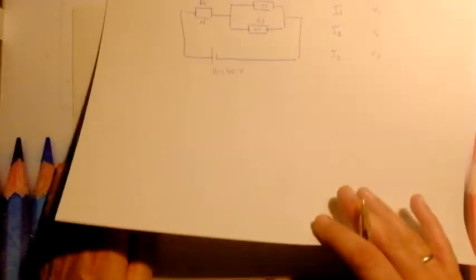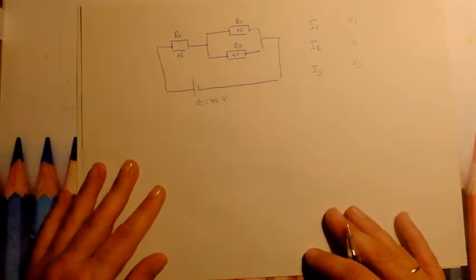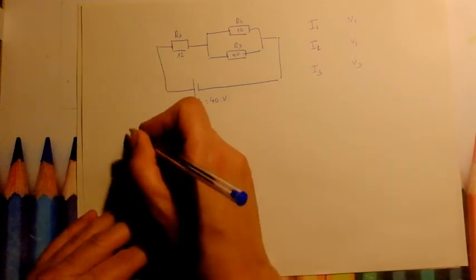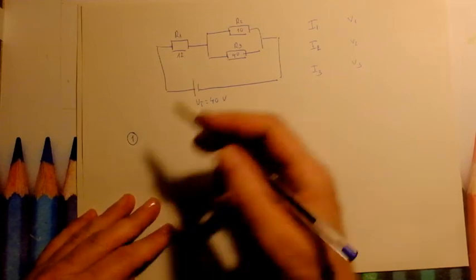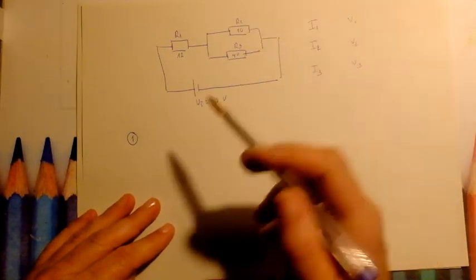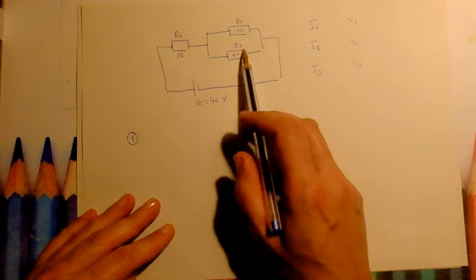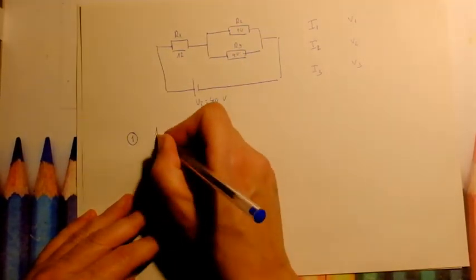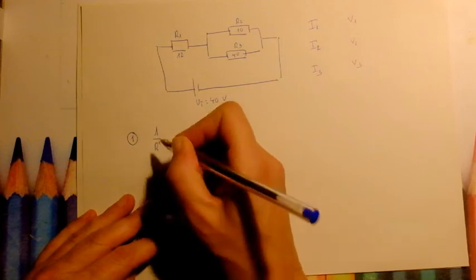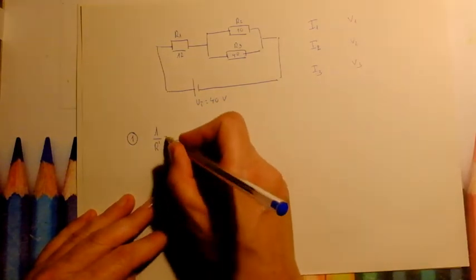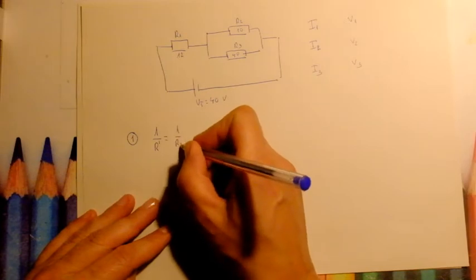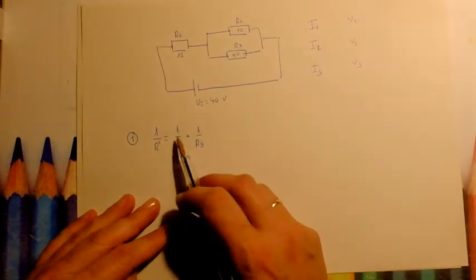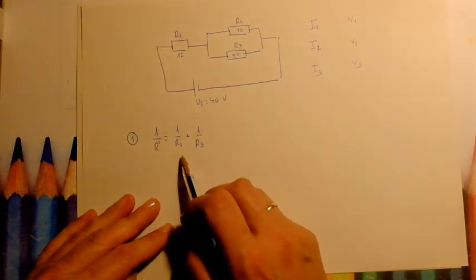Well, we can apply these ideas to our circuit. To calculate everything in a combination circuit like that, we must follow exactly these steps. First step, as we have 2 resistances connected in parallel, we need to calculate the equivalent of these 2 resistances. Let's call it R prime, for example. We use this formula, you probably remember, to calculate the equivalent resistance of resistances connected in parallel.